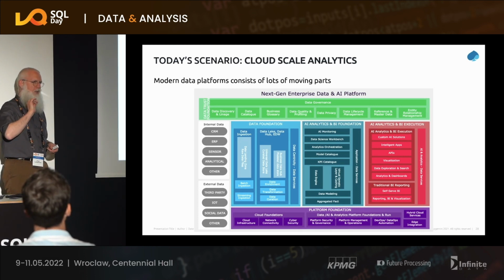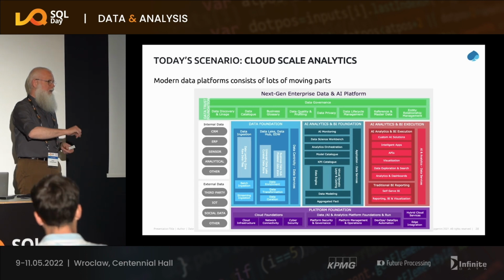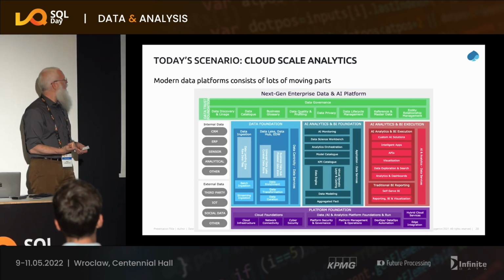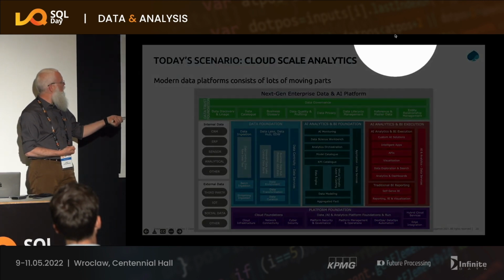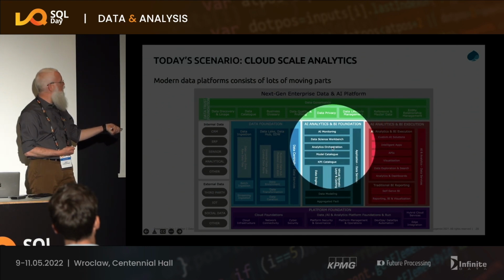And it doesn't say that you have to have all of these components. It's just that you need to think about, do I need to have data science? Do I have machine learning models? Okay, if I have machine learning models, I should think about monitoring. I should think about data science workbench, orchestration, model catalog.